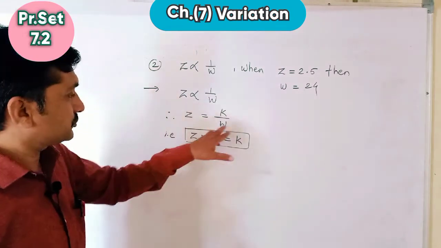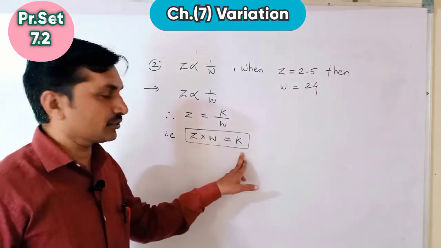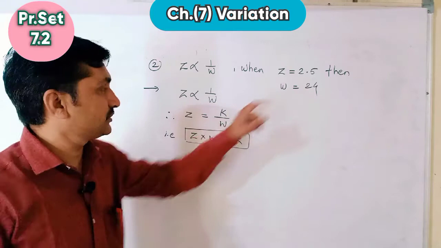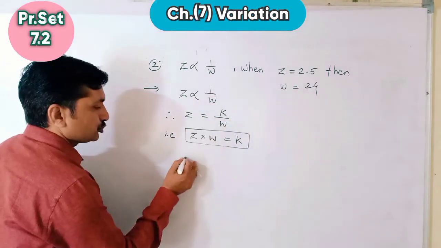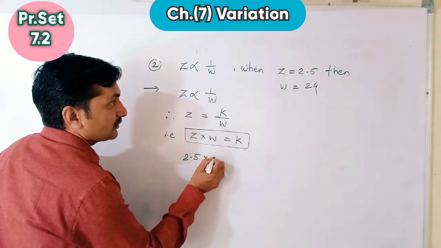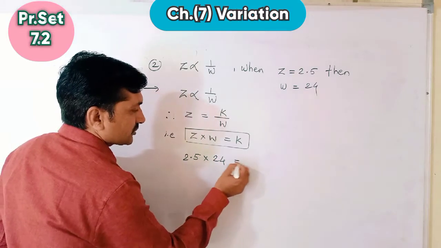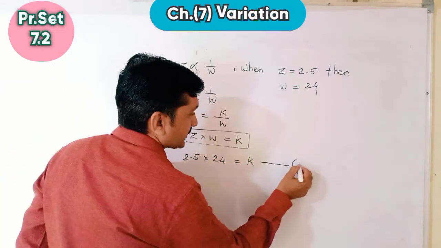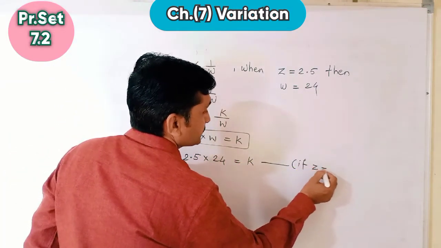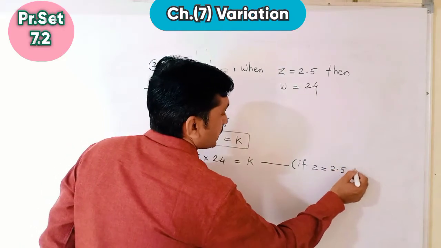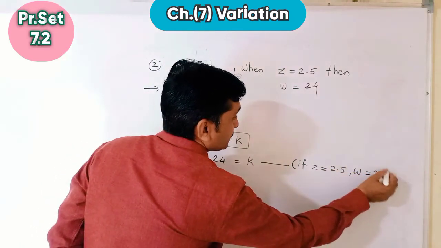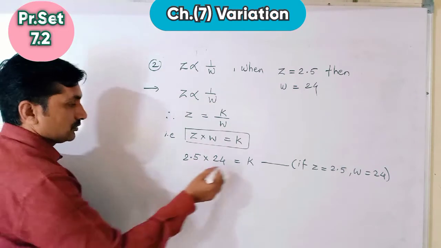If we put values of Z and W here, we get the constant. Values are given here: Z value 2.5 multiplied by W, which is 24, is equal to k. Here in brackets write the given values: Z is equal to 2.5 and W is equal to 24. These are given. Now let's multiply.